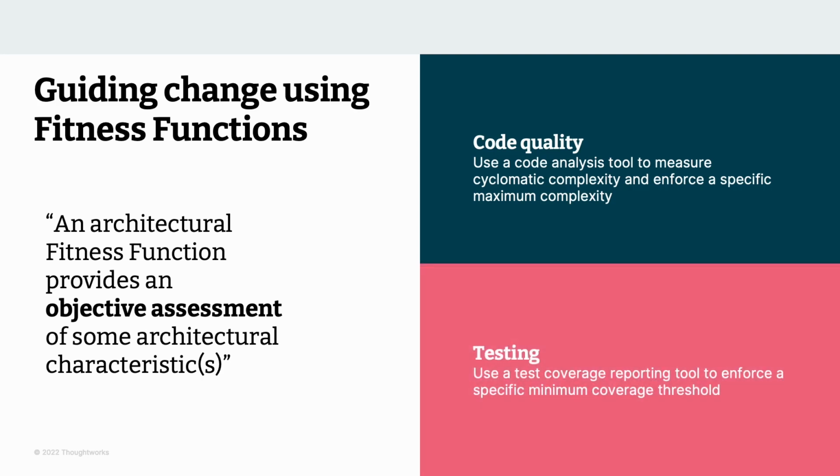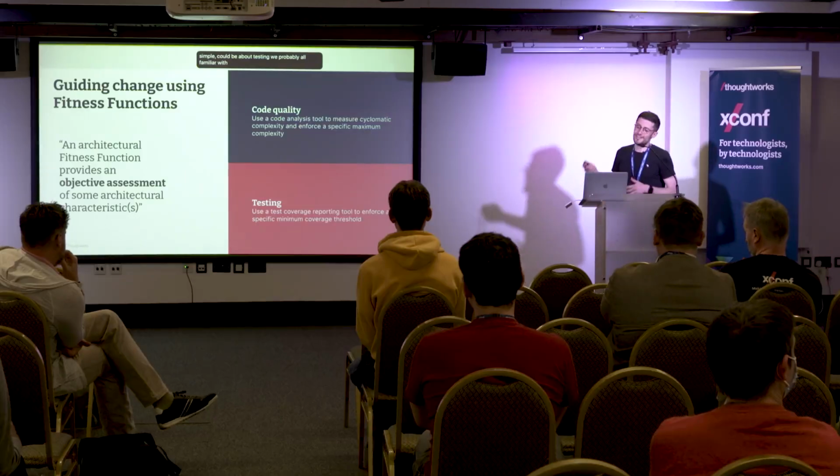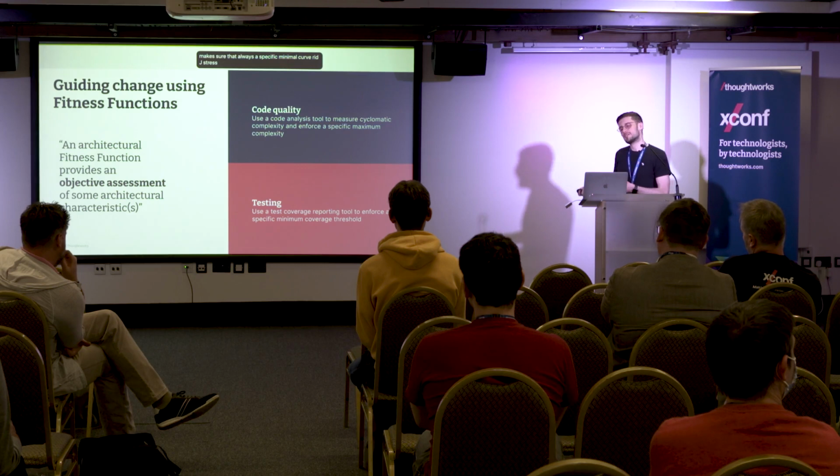Another one, very simple, could be about testing. We're probably all familiar with the test coverage tool, so you could have a fitness function that makes sure that you always have a specific minimum coverage threshold for your code base. These are very simple atomic fitness functions.